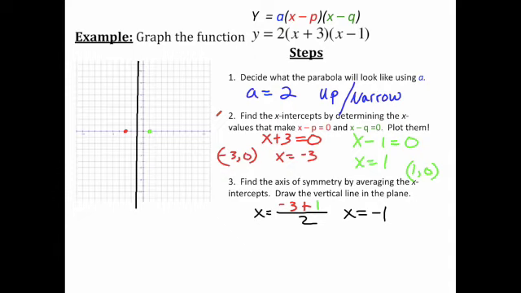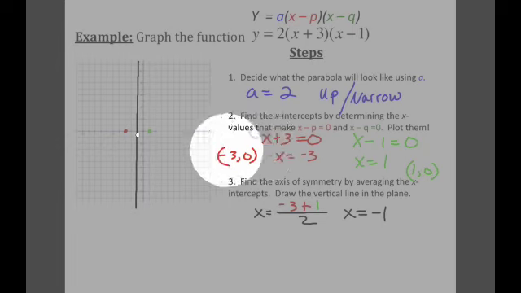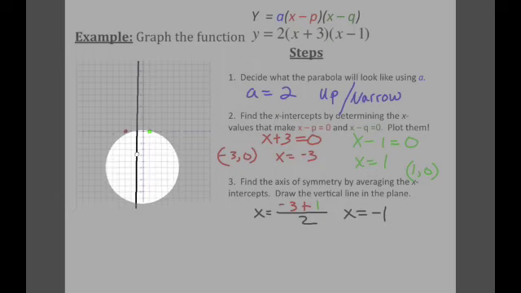Also, that line of symmetry keeps us in line for finding out where our vertex has to be. And to go back to step number 1, we saw that it has to open up and it's going to be narrow. So in my mind, if it has to open up, my vertex has to be below these two intercepts, somewhere down in here.